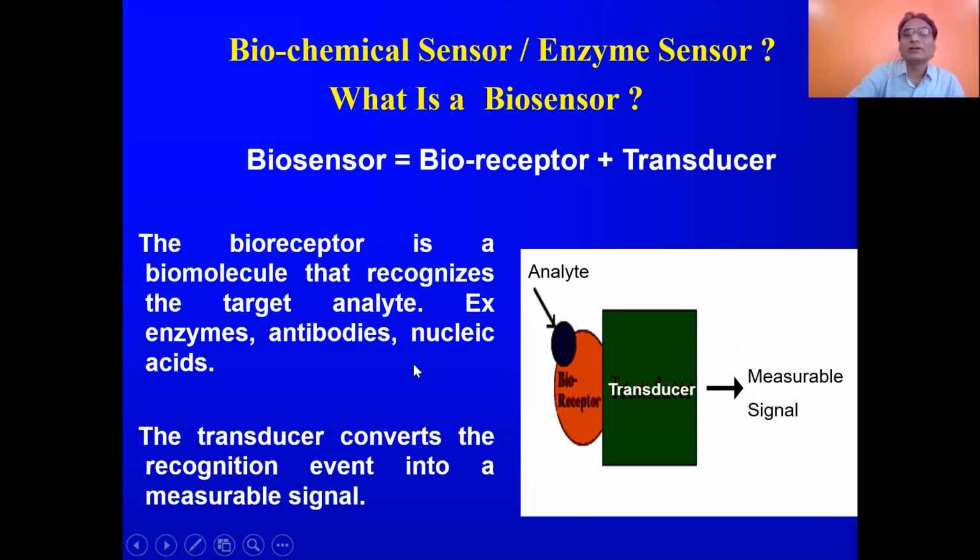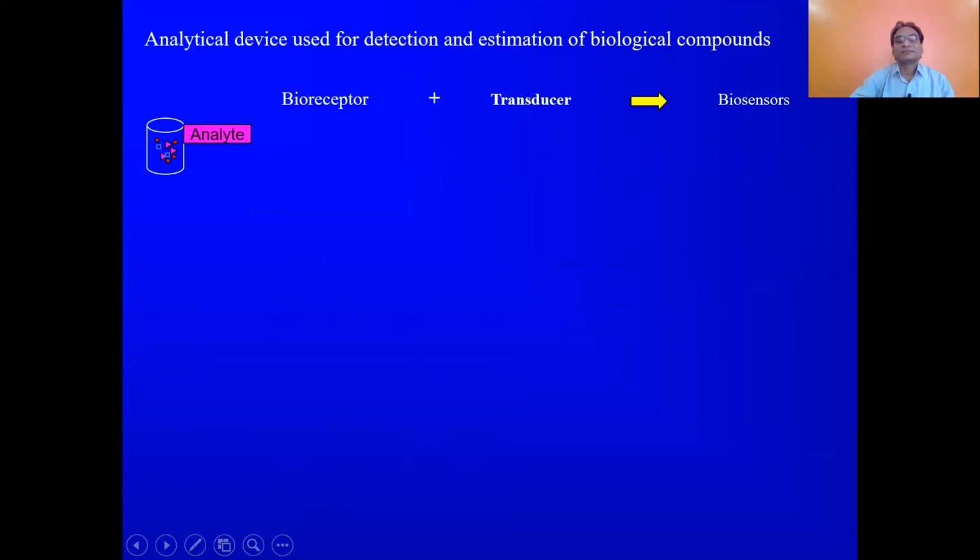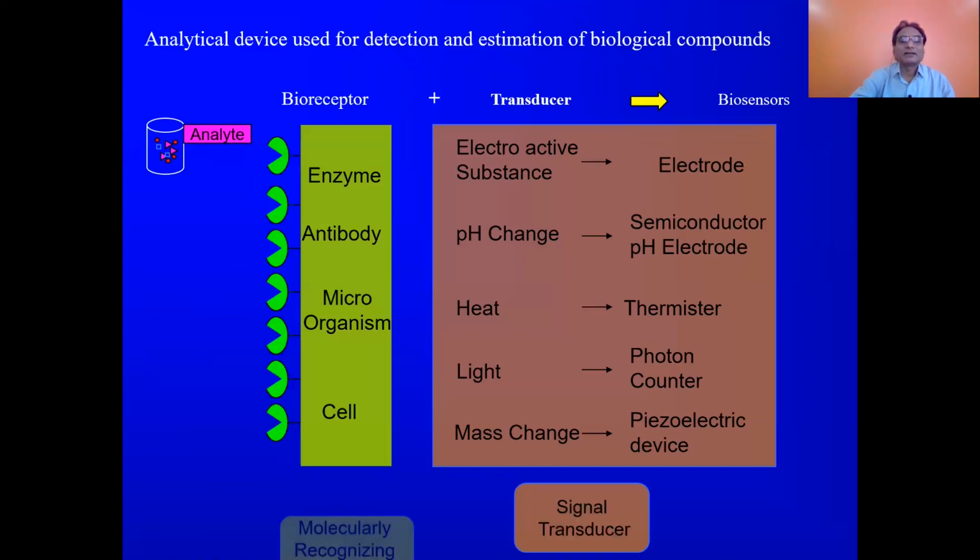This is the wonderful animation of the biosensor. You can see this is the bioreceptor. As I told you, it will be an enzyme or an antibody. We usually call them antibody and enzyme. Glucose oxidase is one example, right? And the transducer can be, you can see here, an electroactive substrate, it can be pH change, heat, light, or mass change.